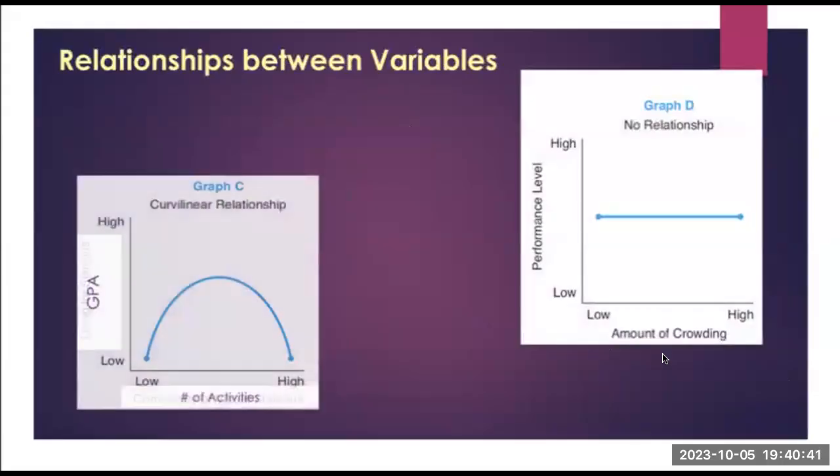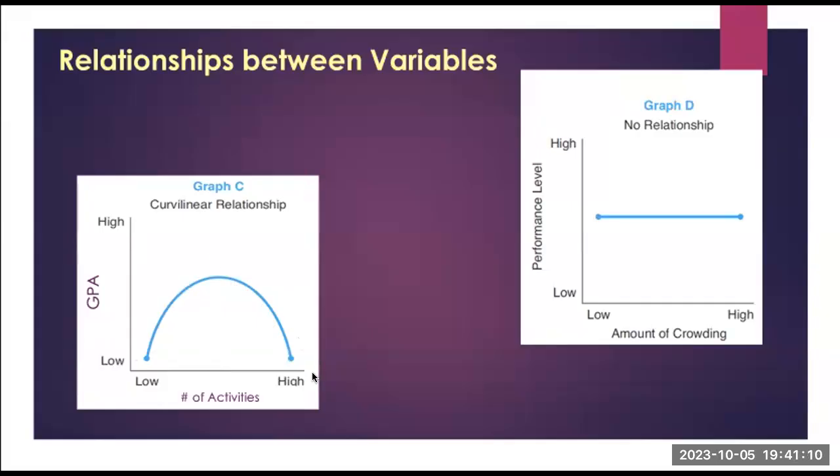Some other relationships we're looking at. Graph C shows what we call a curvilinear relationship. So in this graph, it's number of activities and GPA. What we see is that as the number of activities increases to a certain point, GPA increases as well. And then there is a high point, and suddenly it turns. And instead of a positive relationship, it becomes a negative relationship.